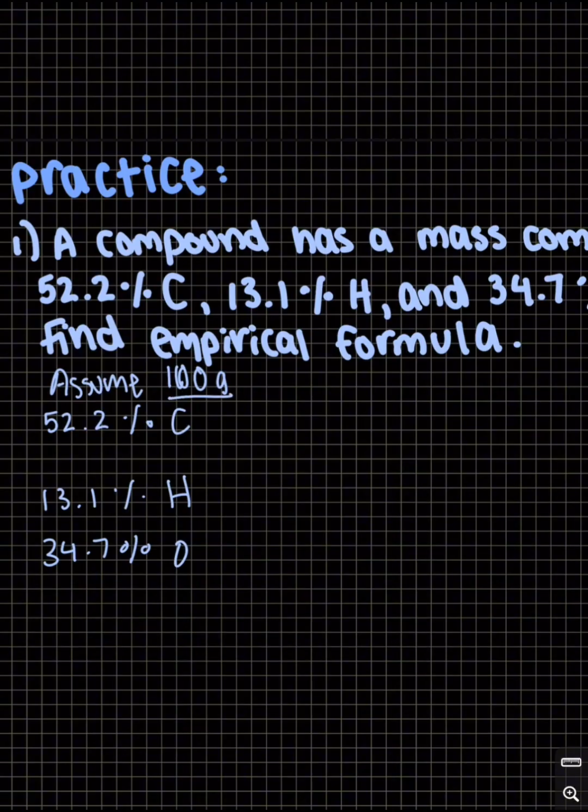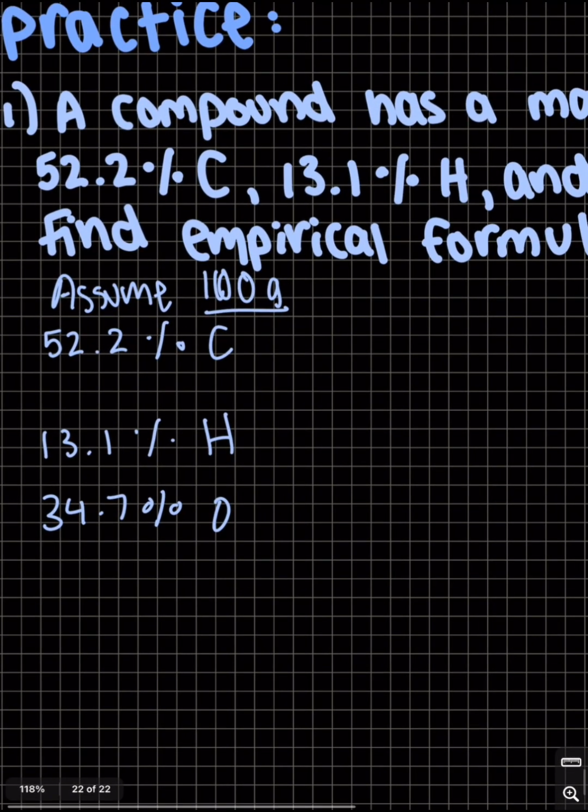And the reason why this is helpful is because if there is 100 grams of this compound, that means if it's 52.2% carbon, there is exactly 52.2 grams in that 100 grams, because 52.2% of 100 is just 52.2.